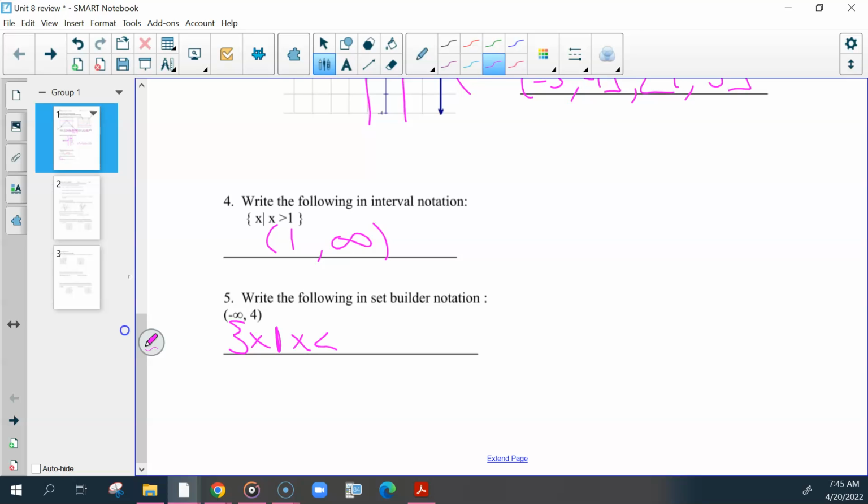This is not a bracket, so it would just be less than 4. So those are all the things from objective 1. Do you have any questions on any of those things?